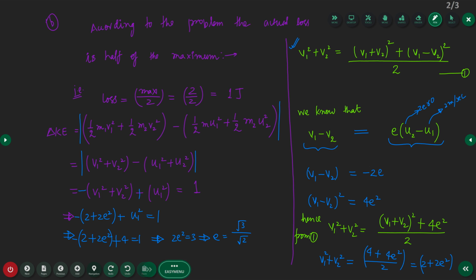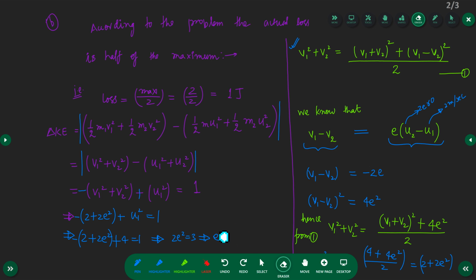So what we'll do, 2 plus 2e square equals 3. So 1 plus e square equals 3 by 2.